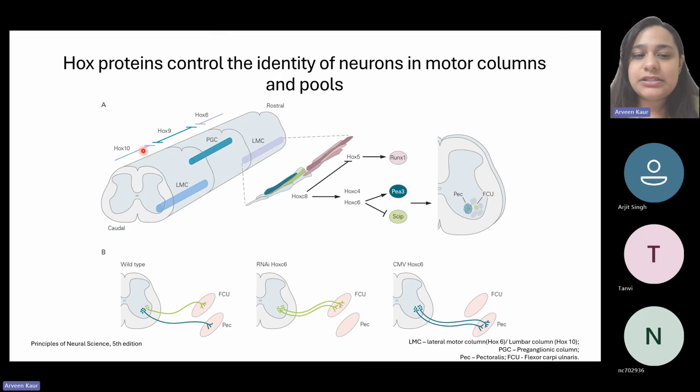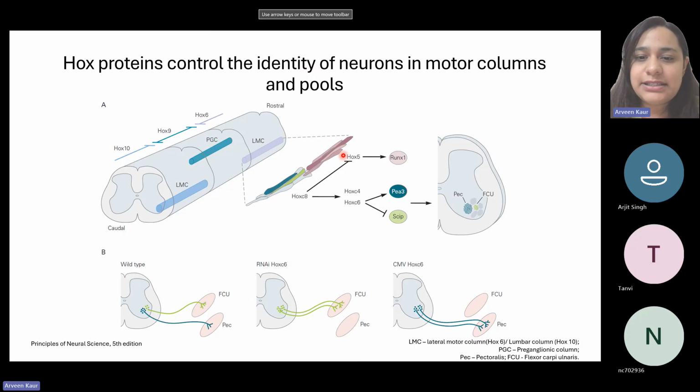The one associated with Hox 10 is the lumbar column. The one associated with Hox 9 is the preganglionic column. So these are different regions of the spinal cord at which different kinds of motor neurons are present, which innervate different parts of the body.